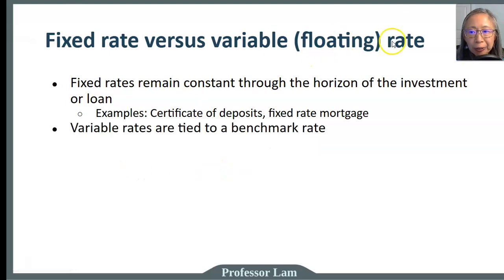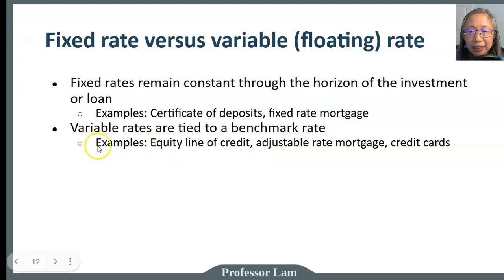Variable rate or floating rate are interest rates that are tied to a benchmark. The most common examples are credit cards, adjustable rate mortgage, and investments. In fact, most investments are variable because the return on a mutual fund or return on most equity, meaning stocks or mutual fund investment, change every single month.